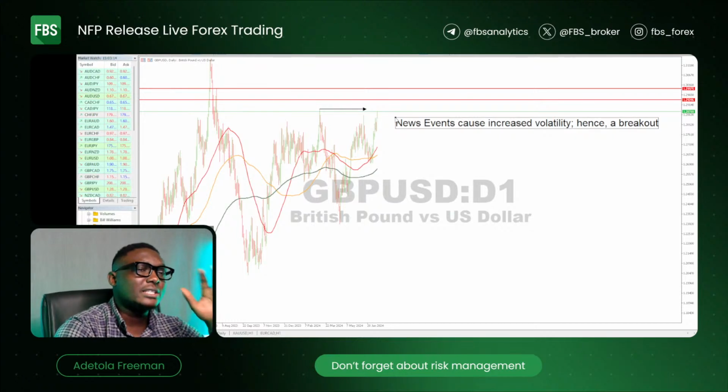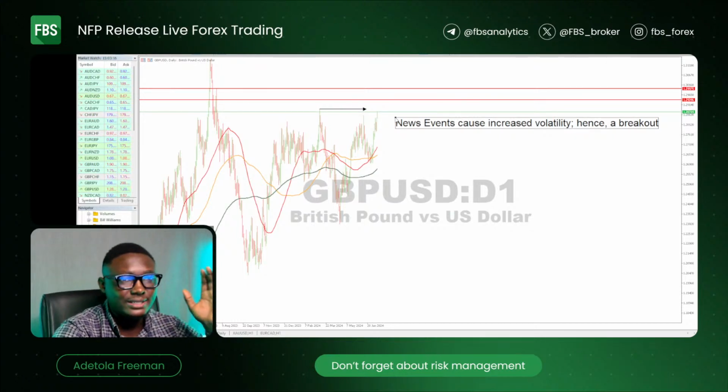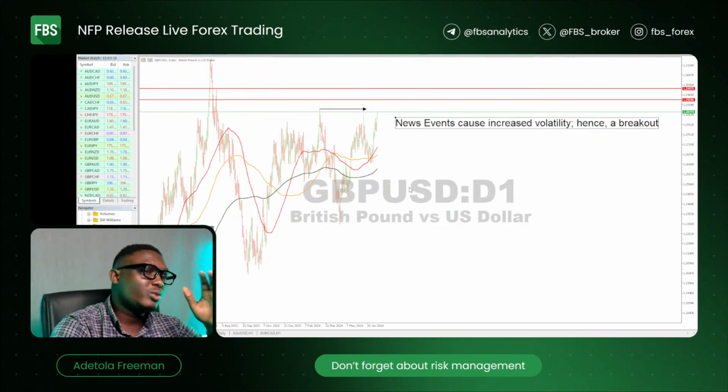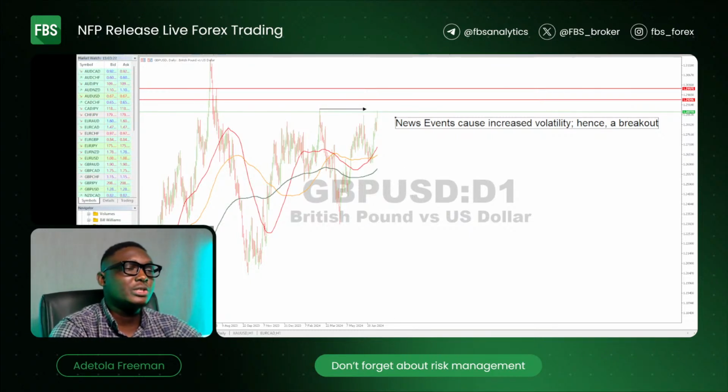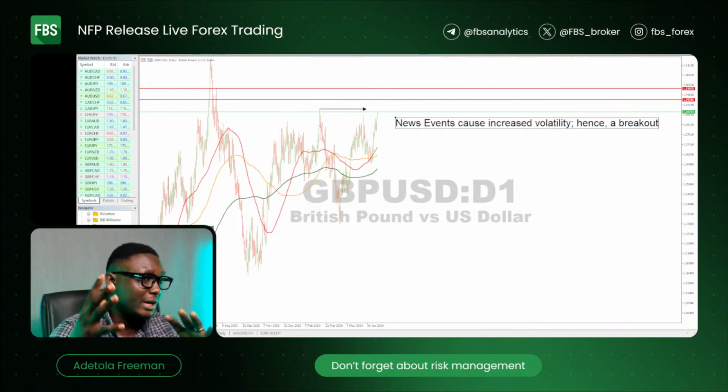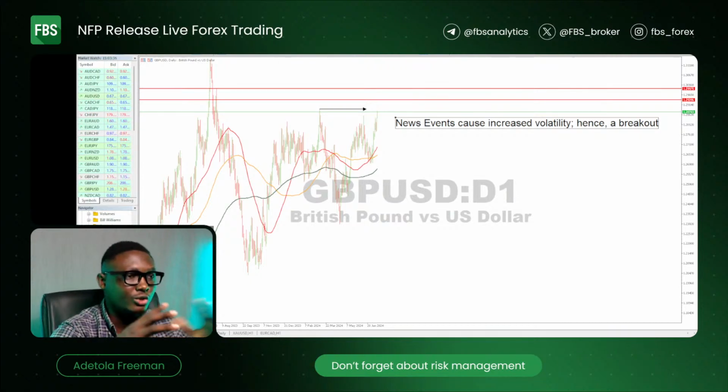So what we try to do when we trade straddle is position ourselves in the direction of that breakout. We are trying our best to flow with whatever direction the market breaks out into, whether bullish or bearish.